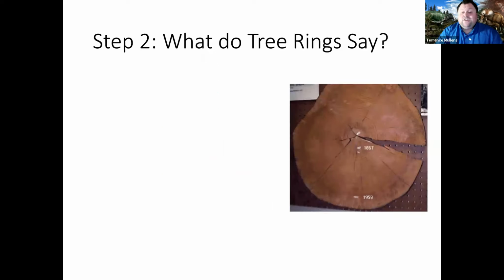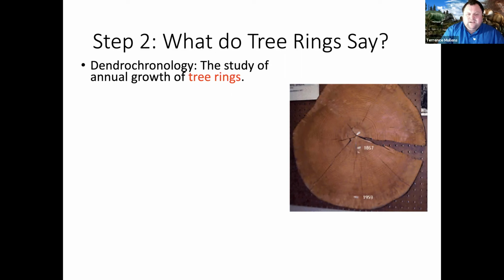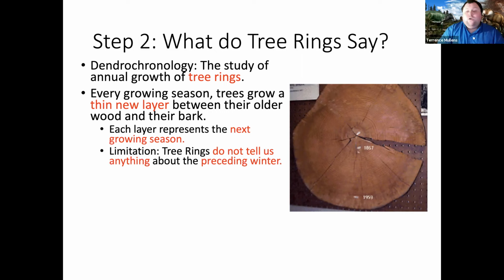Tree rings can also tell us a lot about a particular growing season. The study of tree rings is called dendrochronology, and the gentleman who had the tree ring core that I was talking about earlier has the nickname Dr. Dendro. Every tree ring represents a new growing season.